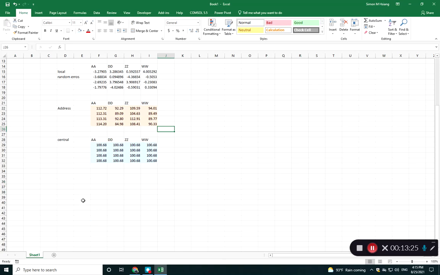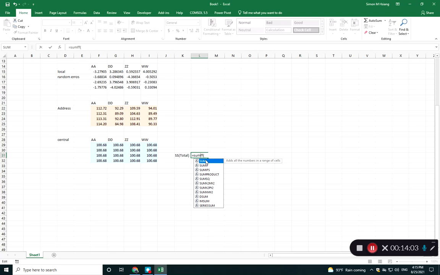Okay, now let's figure out the local station. Well, before we do that, we need to calculate the sum of square of the total. So sum of square of the total. This time I'm lazy. I'm not going to do it. I'm going to do a sum of differences. There should be a sum difference somewhere. Okay, let's try it again.